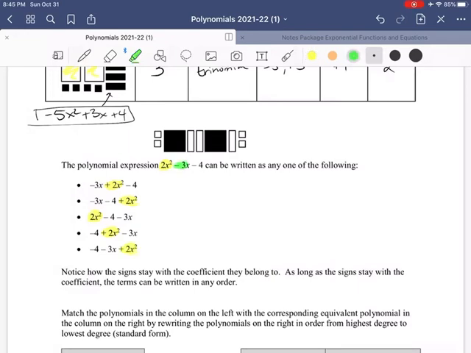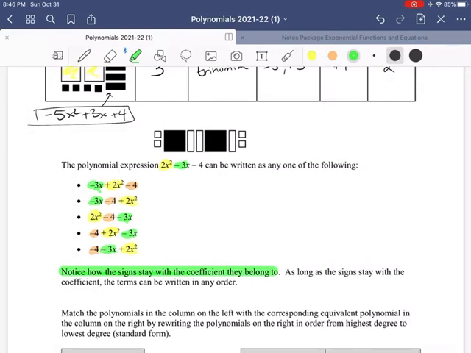Then negative 3x is negative 3x in any one of the cases. And the negative 4 is negative 4 in all the different variations. Notice how the signs stay with the coefficient they belong to.